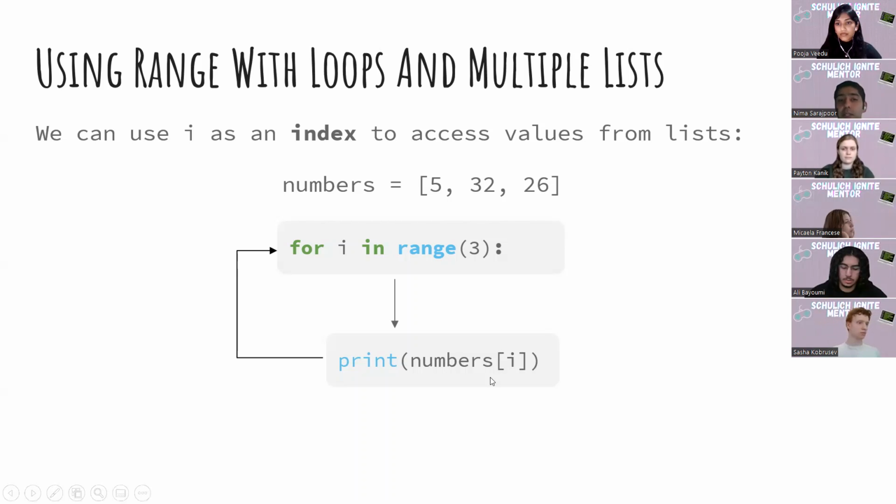So in the beginning, I is 0. And the number at index 0 is 5. So I is 0, it prints 5. Then in the next iteration, after it finishes the first time, it goes through the for loop block again, then I becomes 1, it prints 32, then I becomes 2, it prints 26.